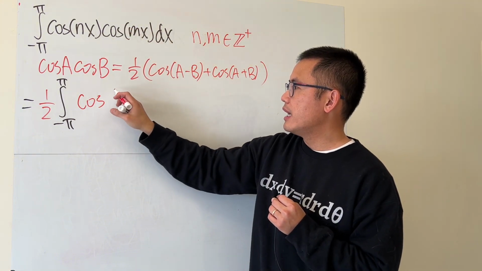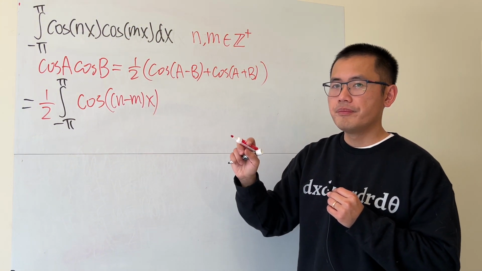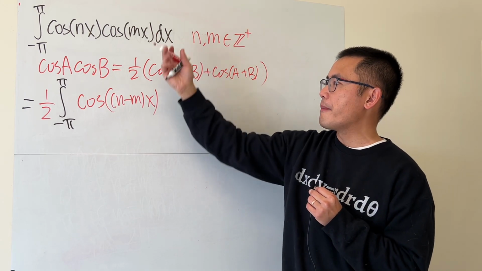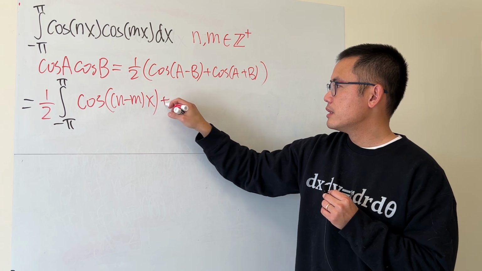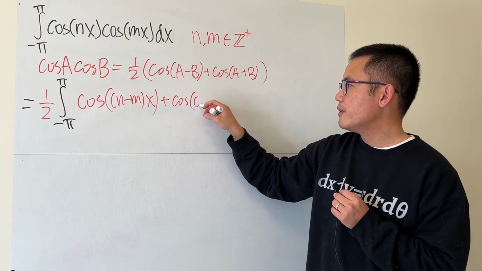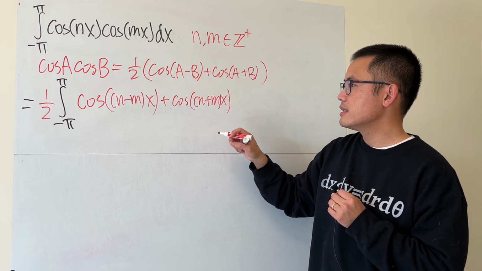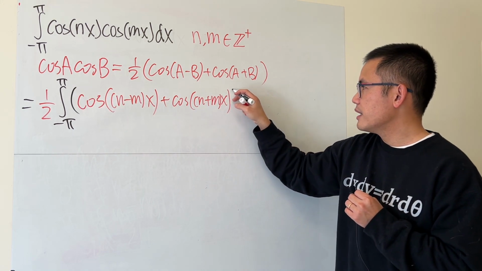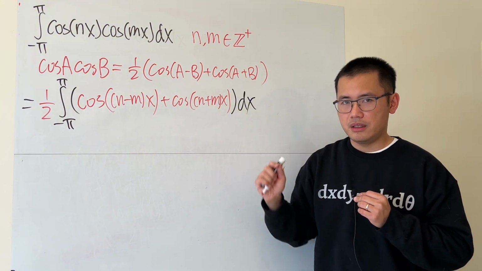We can write it down as n minus m times x, like so. For the second part, same thing, but with the plus instead. And in the middle is also a plus. So cosine of n plus m, and then the x on the outside like this. Okay. Yay. Now we can just integrate them individually.